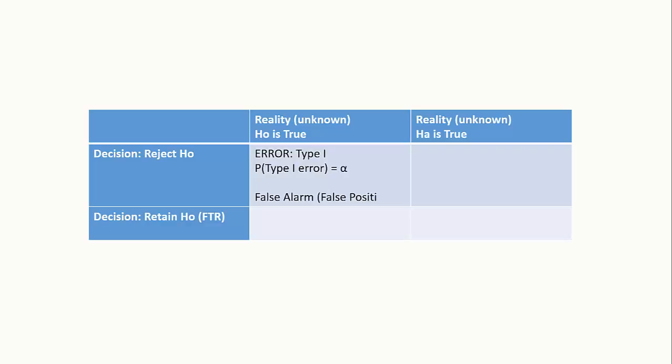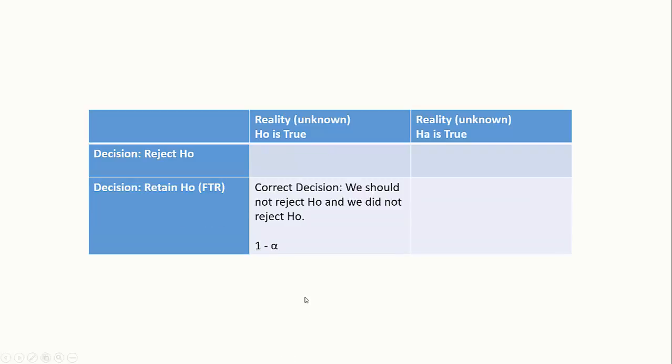That is, we've identified a situation where we need to pay attention. We've rejected H0, now let's pay attention. But we shouldn't have done that because we shouldn't have rejected it, because it really is true. And of course, the other thing that could happen when H0 is true is that we correctly fail to reject H0.